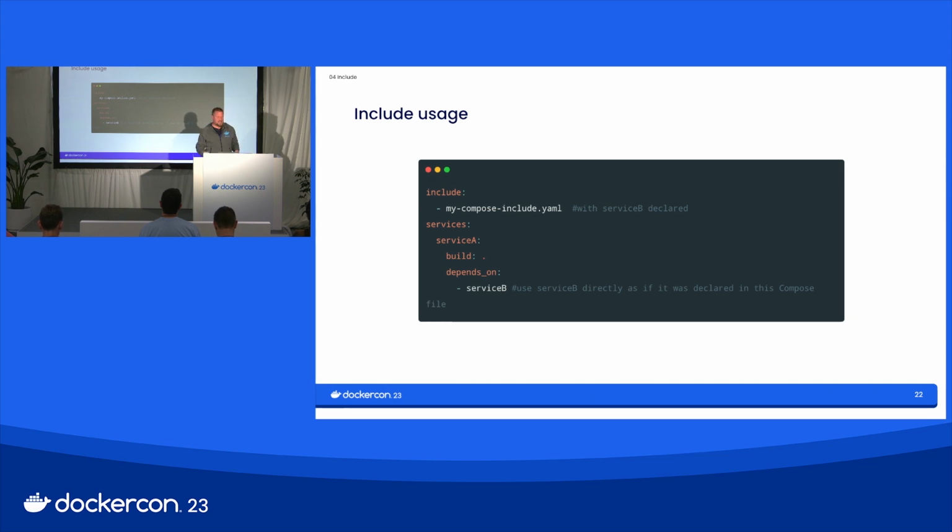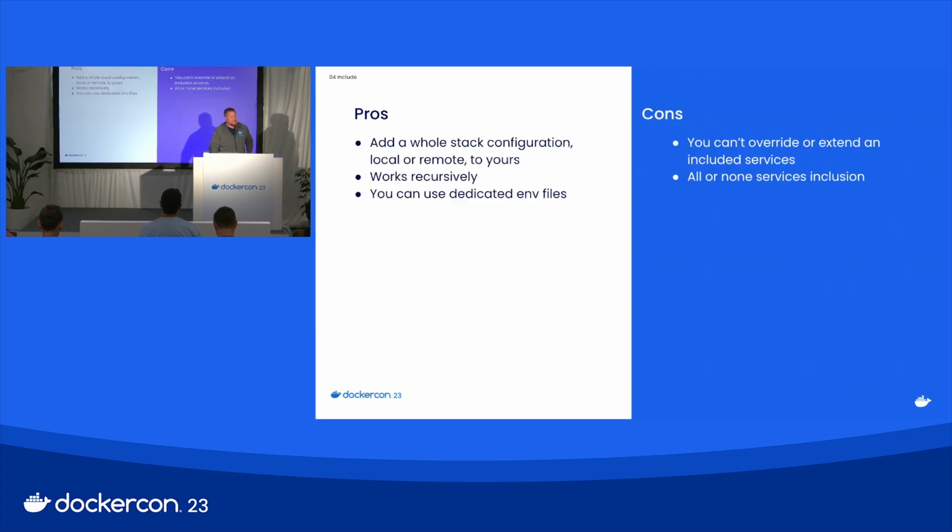You can specify the one you want to use for the services you will include. So the advantage, you have a whole stack configuration that can be local or remote.